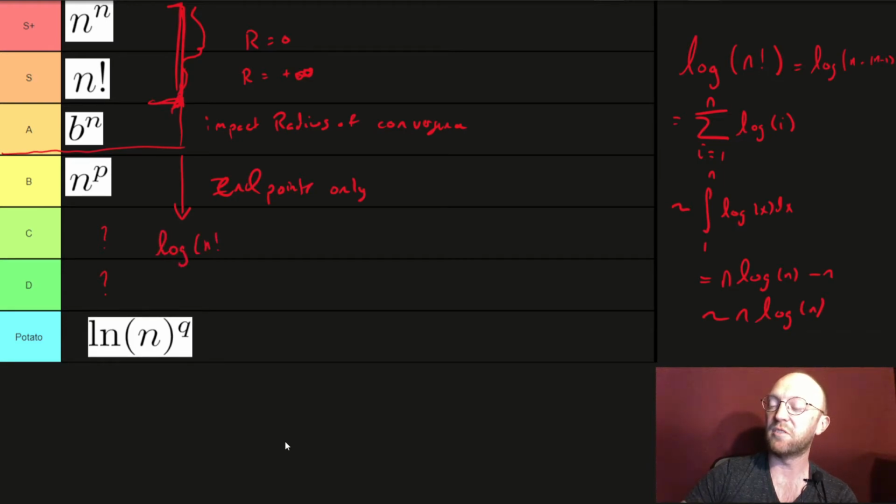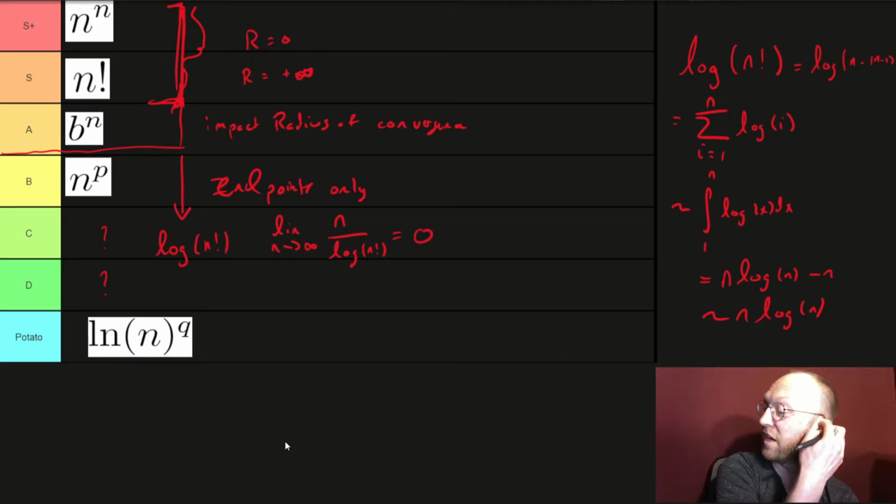Let's do log of n factorial, because the limit as n approaches infinity of n over log n factorial equals 0. So log n factorial beats linear functions. It's pretty good.